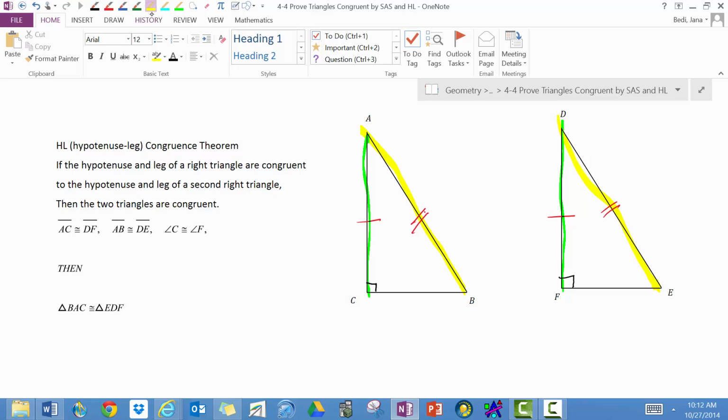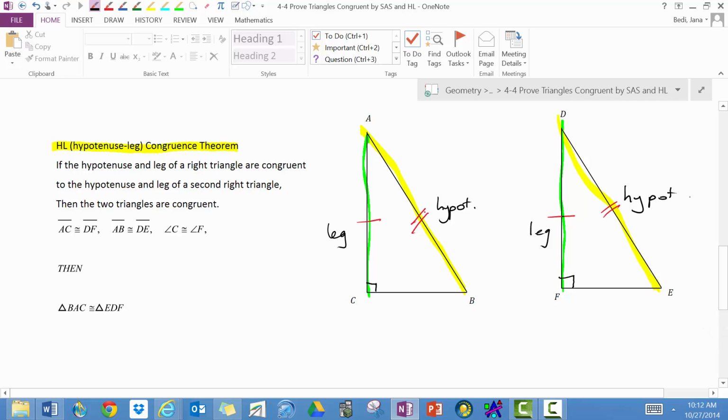Hypotenuse leg congruence theorem over here. So if you check over here, segment AC, which is a leg, and the other leg are congruent. Segments AB and DE, this is the hypotenuse and hypotenuse, and they are congruent.